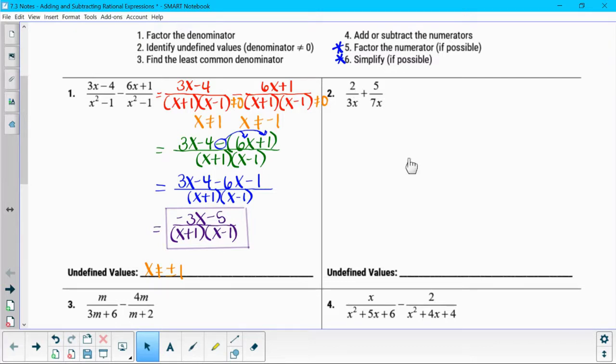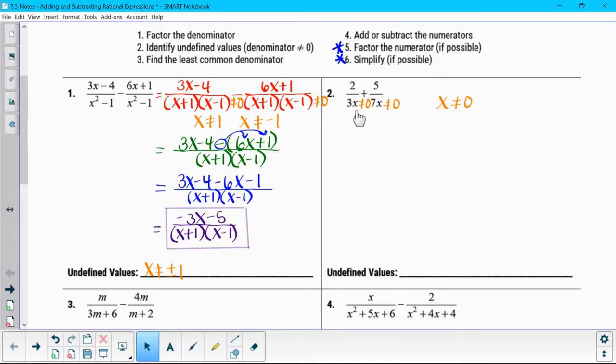So let's go ahead and look at number 2. This time I have 2 over 3x plus 5 over 7x. Well, I can't do any factoring of my denominators, so I'm going to set them not equal to 0. And basically from both of them, it's going to tell me x cannot equal 0. And now I have to decide what's the common denominator for 3x and 7x.